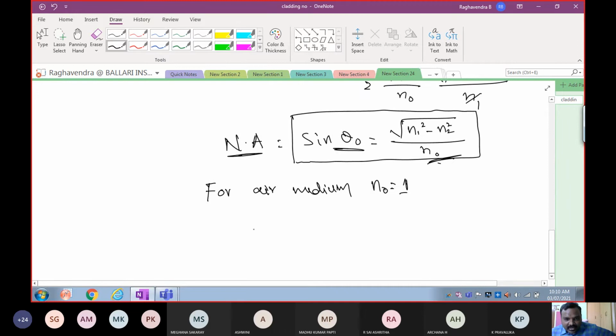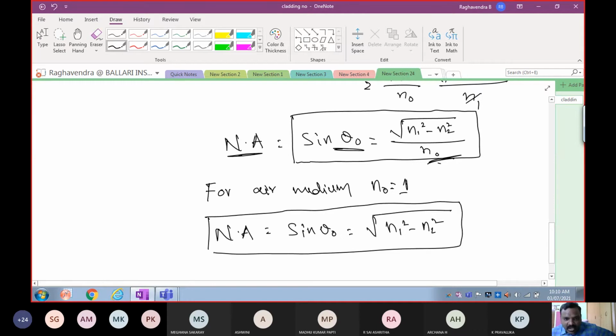So therefore, the numerical aperture, which is equal to sine theta naught, which is equal to square root of n1 square minus n2 square. That is the numerical aperture of an optical fiber when it is kept in the air medium. But if it is kept in the water medium, then you have to substitute that value n naught here.